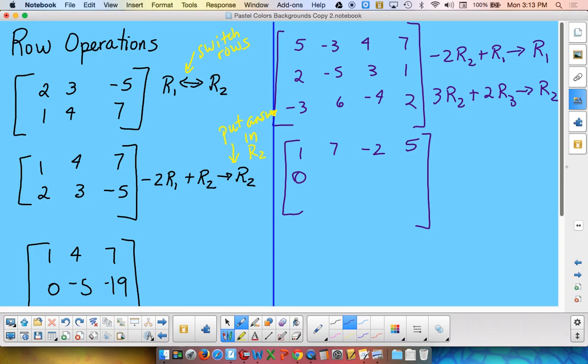They've opted to use, once again, there's lots of different row combinations you can use to do this. In this particular case, we've opted to do 3 times row 2 plus 2 times row 3. The question is, where are we putting the answer? Answer goes in row 2.